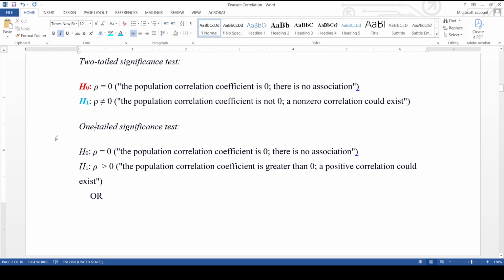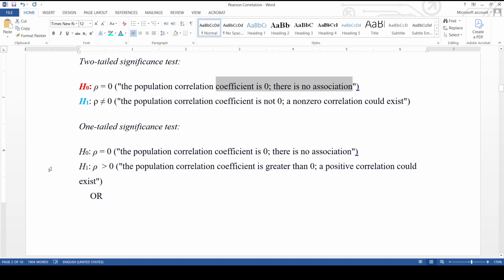On the other hand, we have the one-tailed significance test. Let's look at how we formulate this one-tail. Here, this is no, it means equal to, and this is not equal to. That's why we say not 0. Now, instead of saying not 0 here, we have greater than. Look at the null here: the correlation coefficient is 0. It's still the same wording and the same expression.